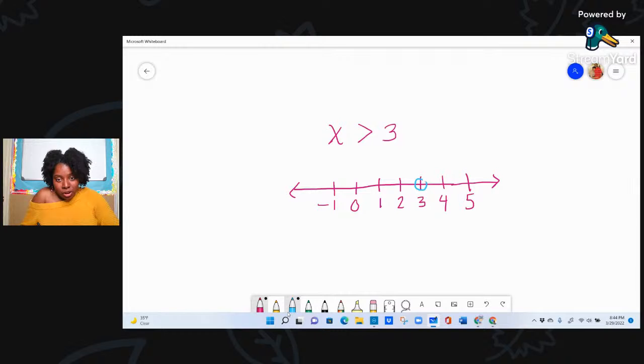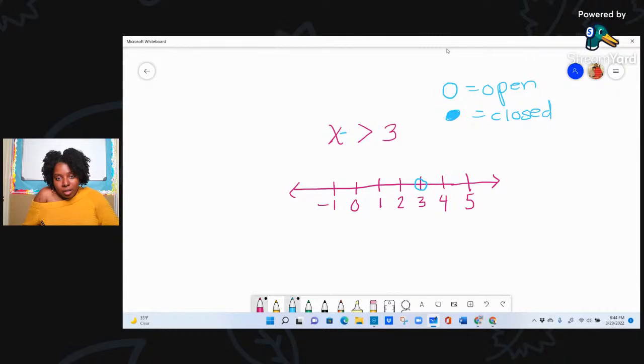But we do start at 3. But since we're not including it, it's going to be an open circle. If we were including it, we would fill that circle in, and it would be a closed circle. So we're not including it. It's an open circle.